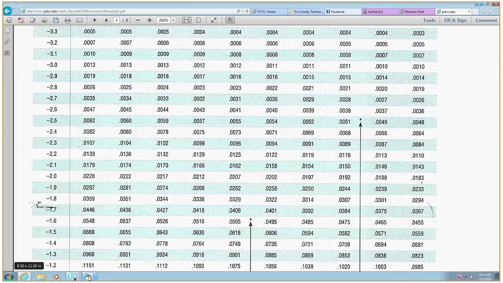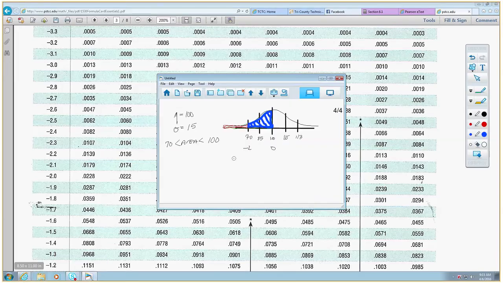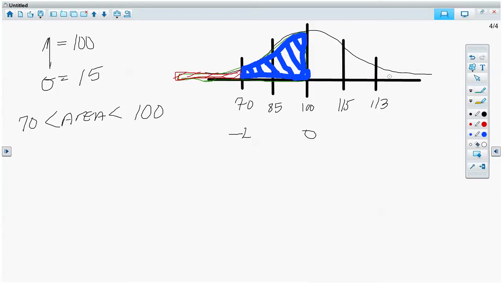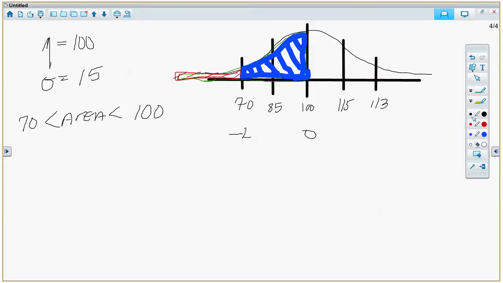So I'm going to go back to my screen. 0.0228. The big area, in green, is 0.5000, and we're going to subtract the red, which is 0.0228.